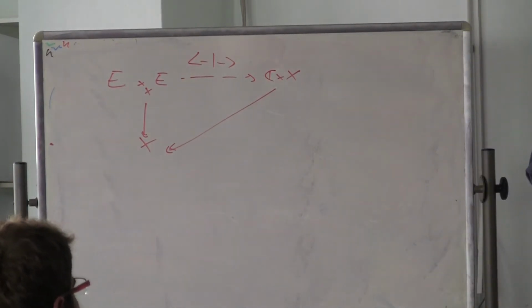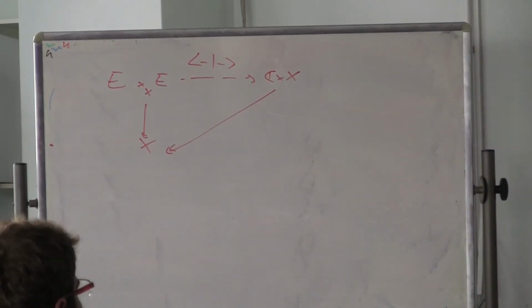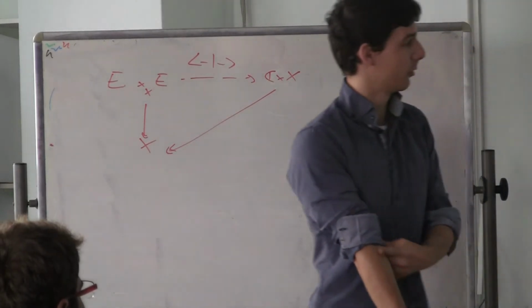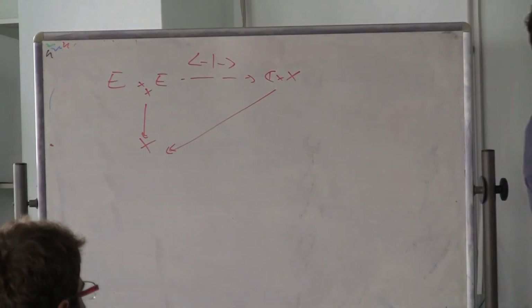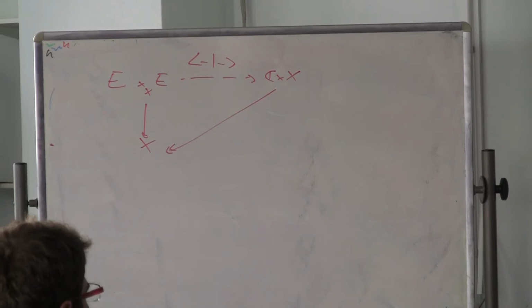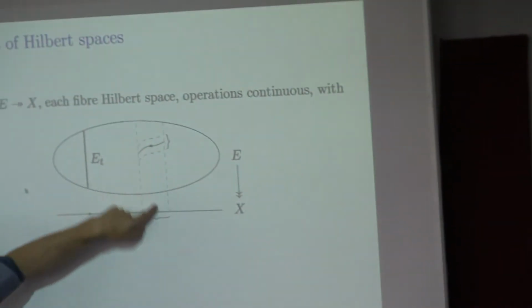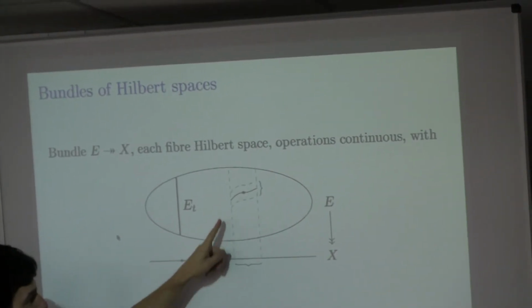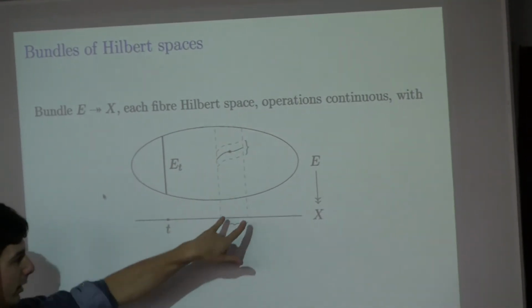Okay, there's a second thing. So this big space here, the total space, has some funny topology on it to make this work. And the topology looks like such. The condition is that for every point in the total space, it will live over some point in the base space. There is a neighborhood in the base space, and there's a section over the neighborhood.